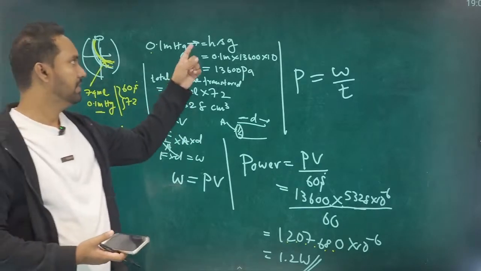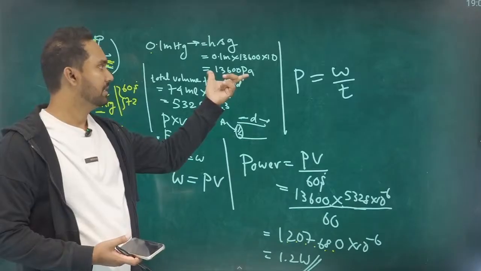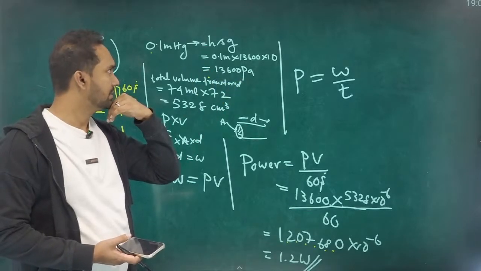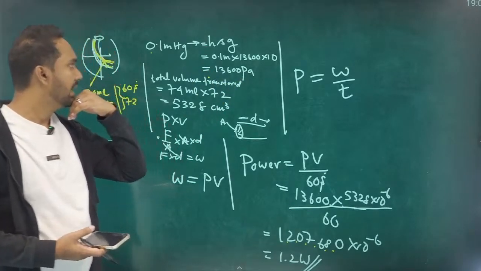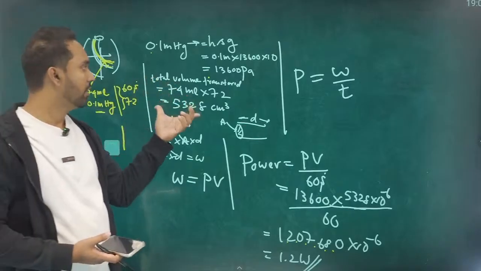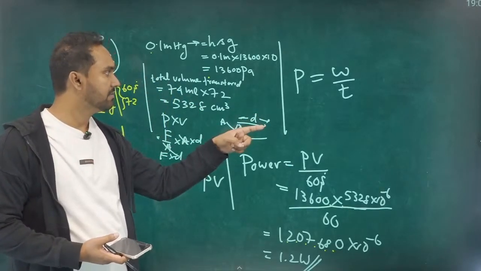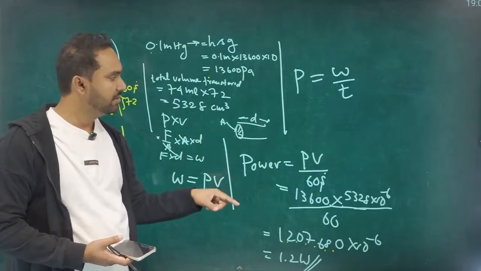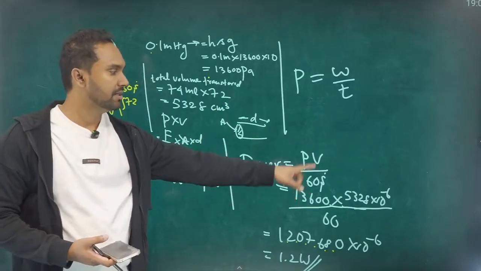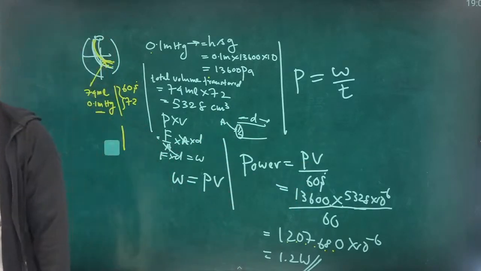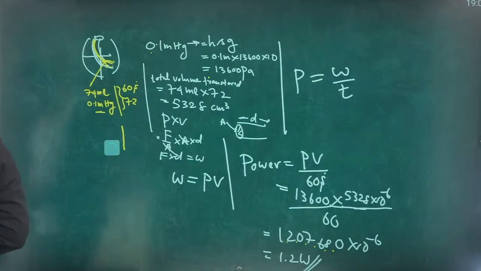So first we converted the pressure into Pascal, 13,600, and we took the total volume per minute and multiplied the pressure with the volume. That gave us the work, and we divided the work by the time spent. That gave us the power. That's how you get to the answer.